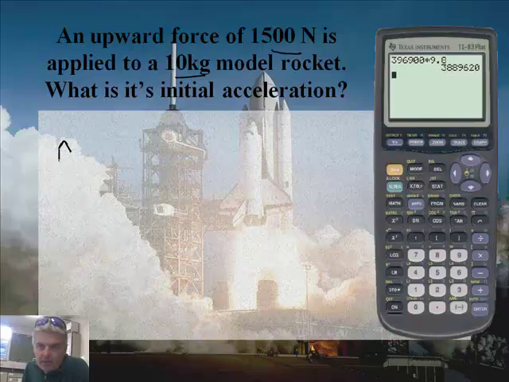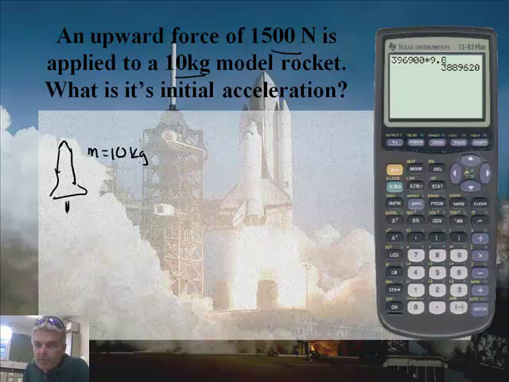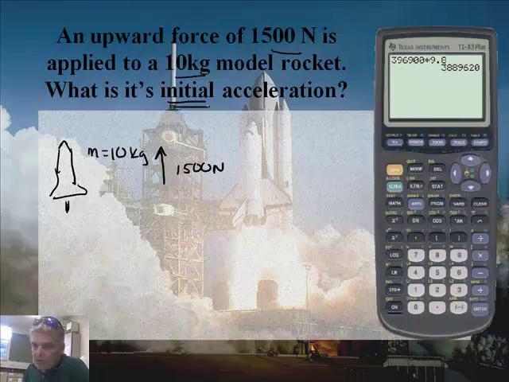Okay, so we got a rocket. Does that look like a rocket to you? A little baby rocket. He has a mass of 10 kilograms, and they apply an upward force of 1,500 newtons. What's the initial acceleration? Well, there's actually two forces applying, if you think about it for a moment.